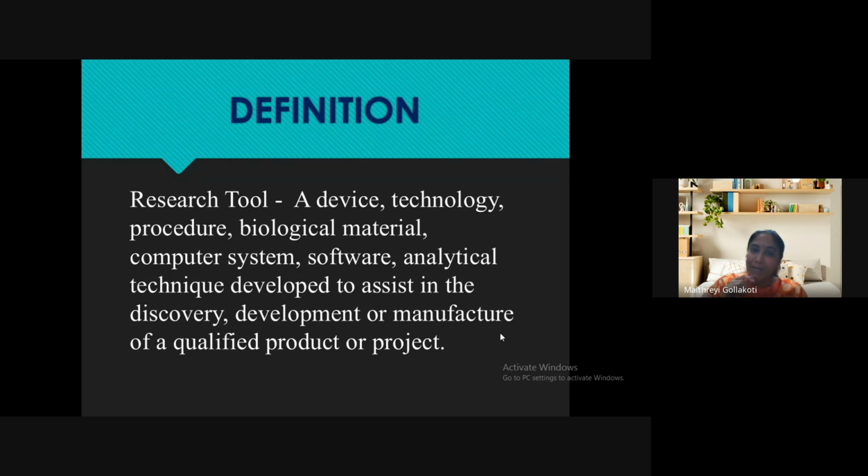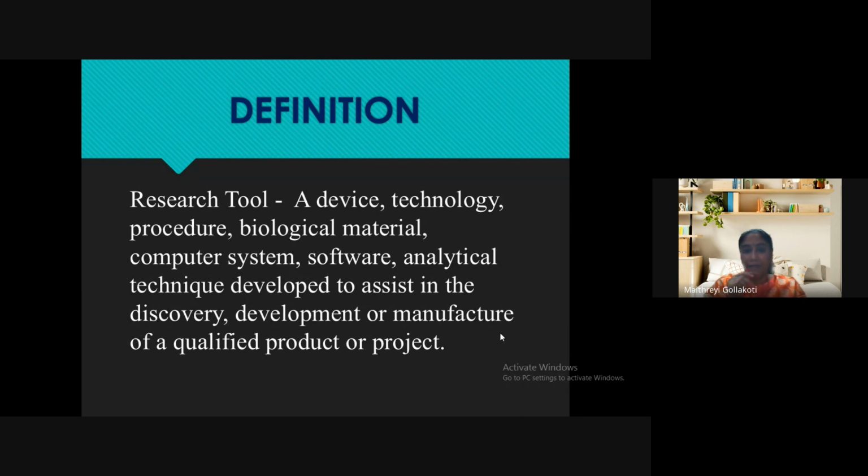Or it can be technology. If I am conducting research on technology, definitely I will use technology. If I am inventing a new machine, I will use machines, isn't it? Like that. Next, procedure. If I am conducting research on accounts or any other subjects, I will follow a procedure. Legal procedure, business procedure, like that.